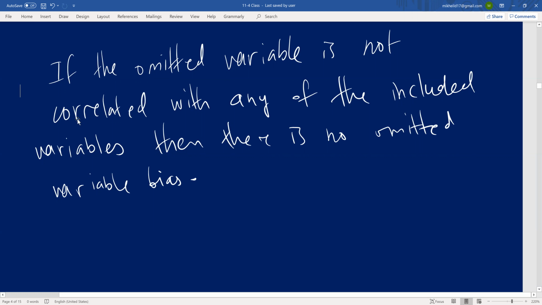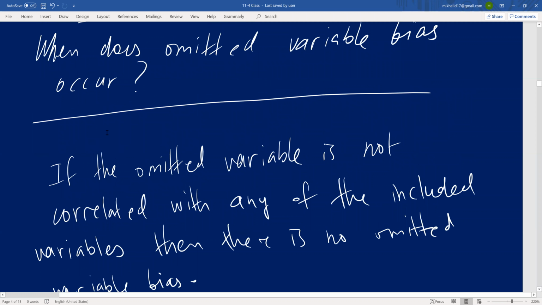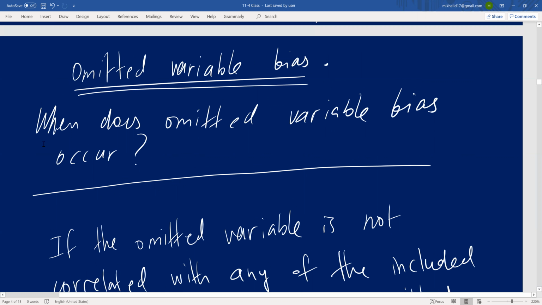So why do you think omitted variable bias is problematic? So what does it really mean? So we answered the question, when does it happen? But what does it really mean? How do you understand omitted variable bias?